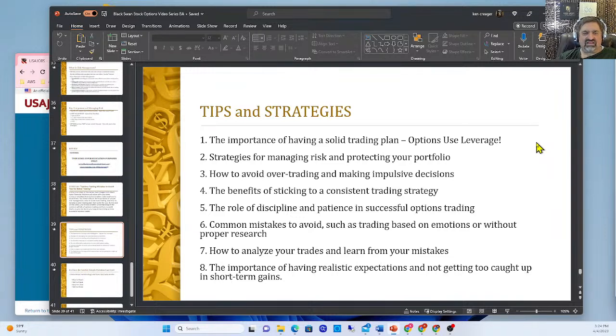So Greg, my brother, and I ended up having to scramble because the market just went way negative on us. And like I said, that was a bullish strategy. So that's another thing. You need to pick a strategy for what's going on in the market, right? And then you need to have realistic expectations and don't get too caught up in short-term gains.